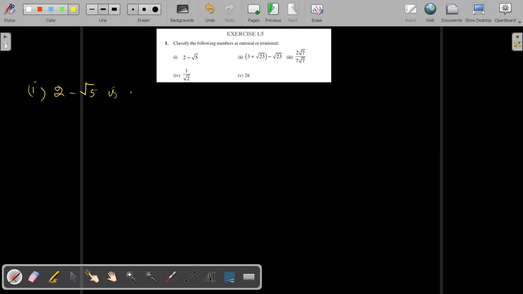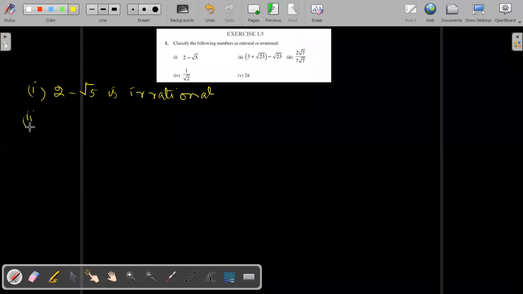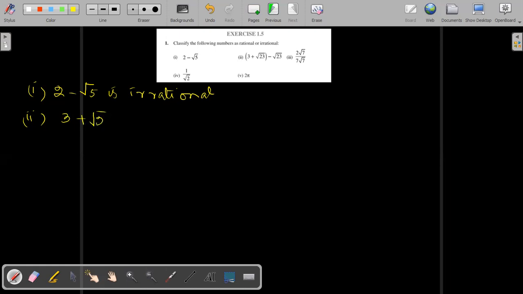So 2 minus root 5 is irrational. Correct? In the second question, you have to simplify first and then check. If you will not simplify, you can write the wrong answer. Here you have to simplify this one, okay? And then you can write the answer.